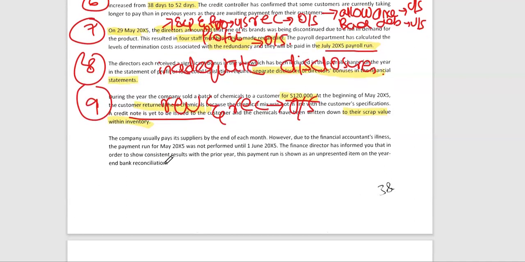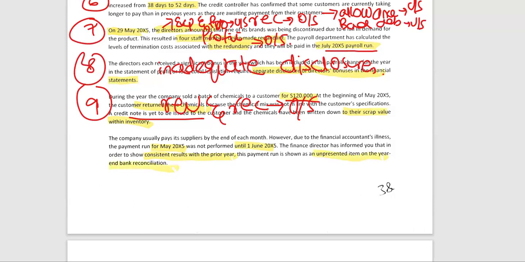The company usually pays its suppliers by the end of each month. However, due to the financial accountant's illness, the payment run for May 20x5 was not performed until 1st June 20x5. So the payment was made on 1st June 20x5, in the next year. The finance director has informed you that in order to show consistent results with the prior year, they have recognized this payment run as an unpresented item on the year-end bank reconciliation.